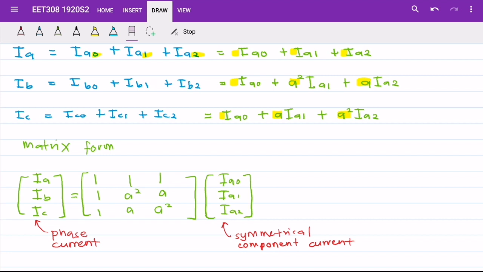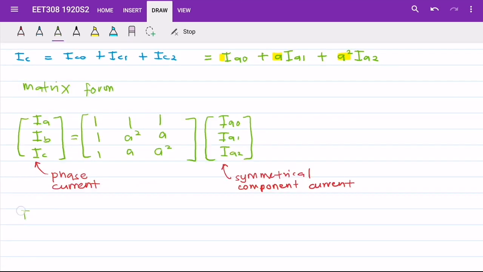From this matrix equation, rewrite it into a single line equation. So we write IABC equal to A times I012. IABC represents the phase current, A is the transformation matrix, and I012 is the symmetrical component currents.